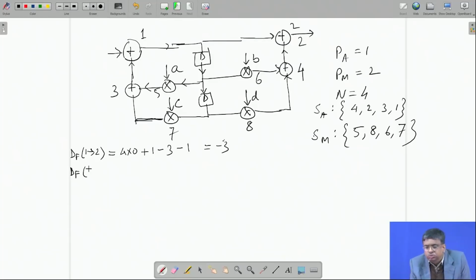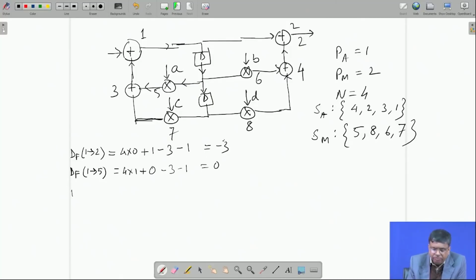Then 1 to 5. Here I have got 1 delay, so 4 into 1 plus 5 means schedule 0. This part remains the same because that relates to adder 1, so its schedule and number of pipeline latches do not change. So, 4 minus 3 minus 1, which is 0, no problem.